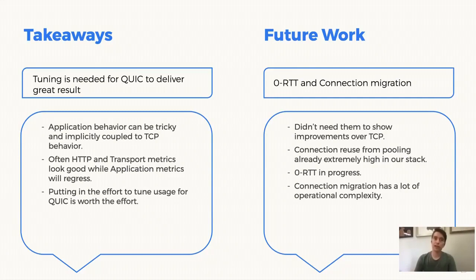Well, our applications had already been highly optimized to reuse connections really aggressively. And so being in a state where you don't have a connection is relatively rare, and it mostly happens when you're just starting the app up, which is not the majority of the time. It's important, and in fact, we're experimenting with zero-RTT right now, but we didn't need it to ship QUIC.